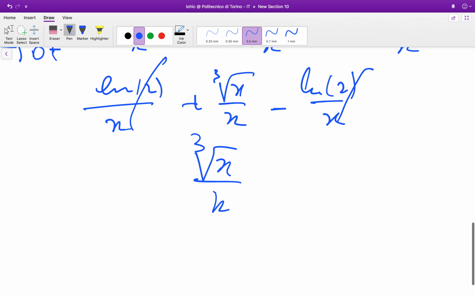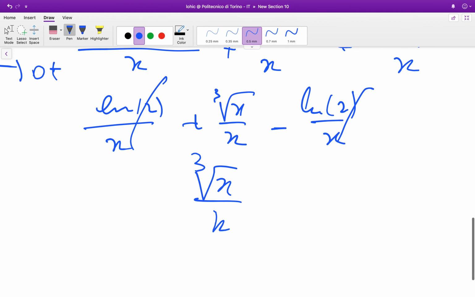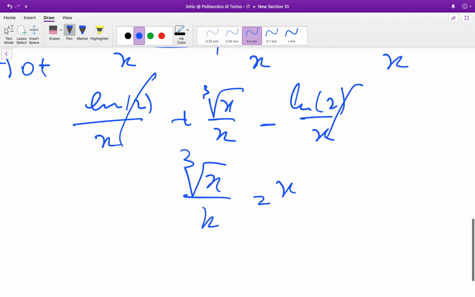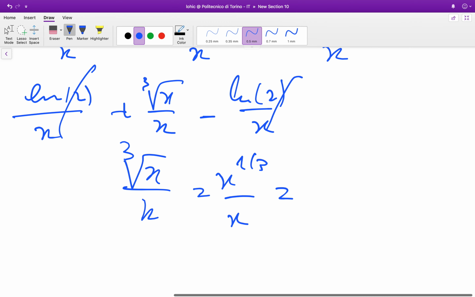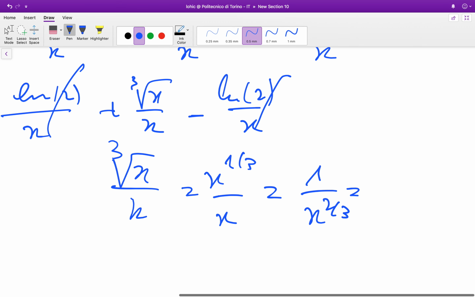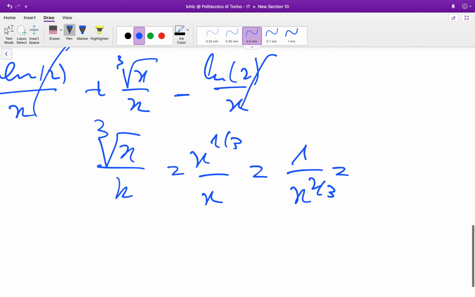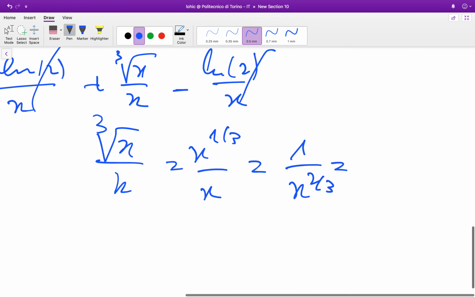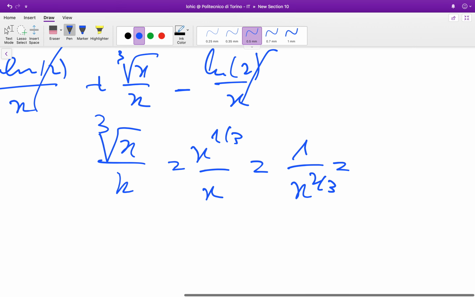Yes or not? That is 0 over 0, but it's x to the power 1 over 3 divided by x. That becomes 1 over x to the power 2 over 3. Yes or not? Because we take this 1 over 3 down, so it gives you 1 over cubic root of x squared.